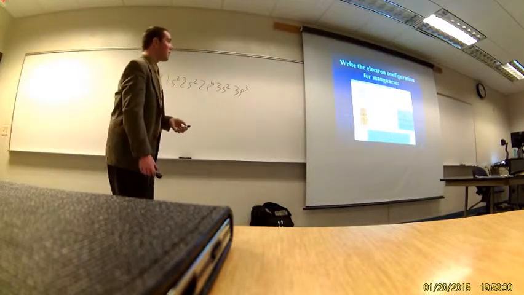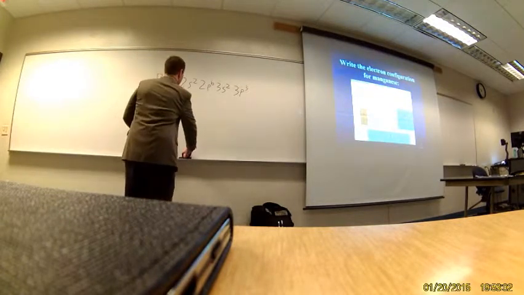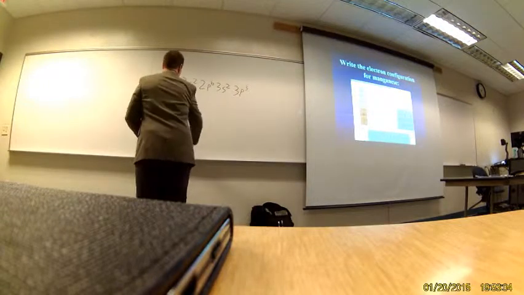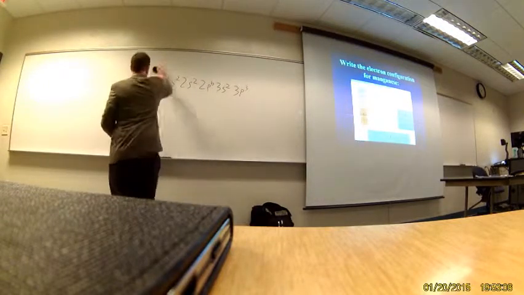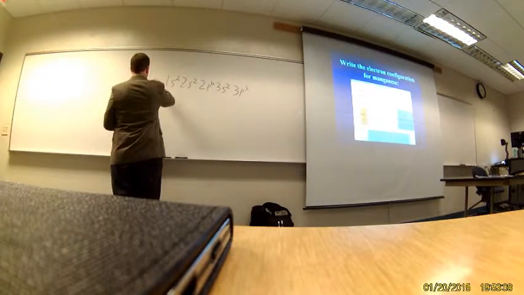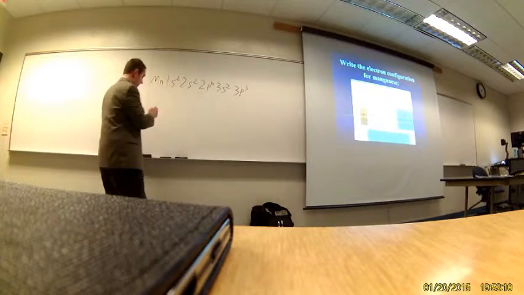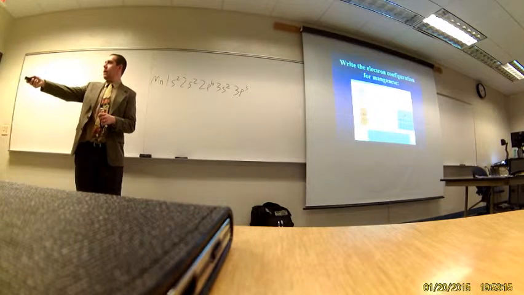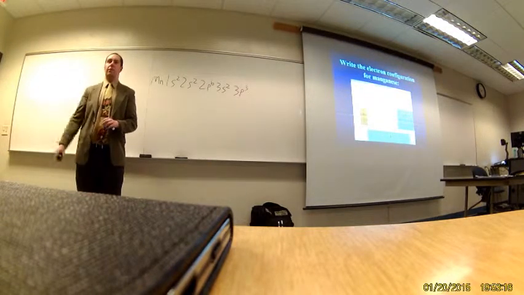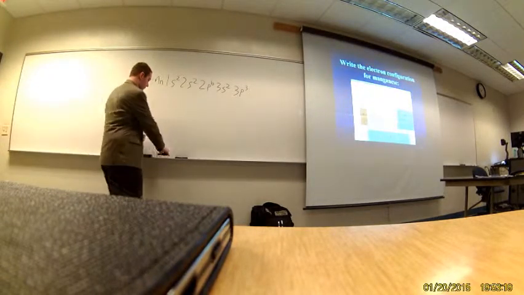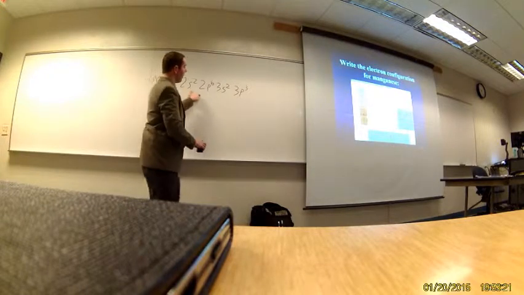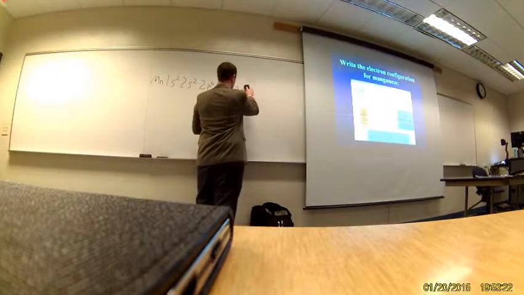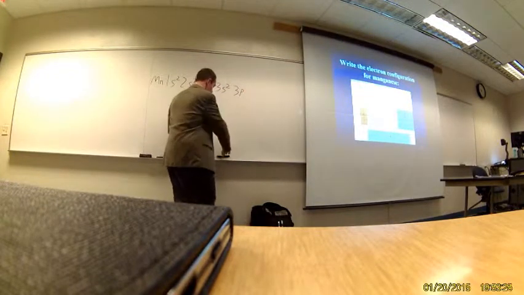Okay. So we want to write the electron configuration for manganese. I'm going to erase the P and put manganese. Manganese is here, which is past phosphorus, right? So I'm going to save myself some work and leave all this. But what do I have to do with this 3p3?